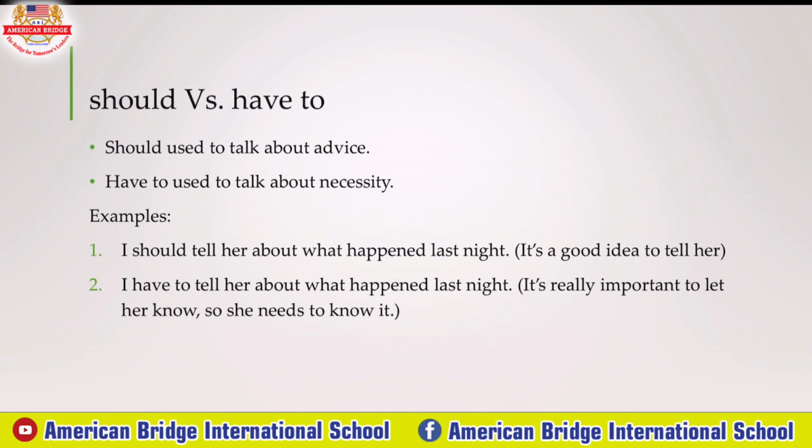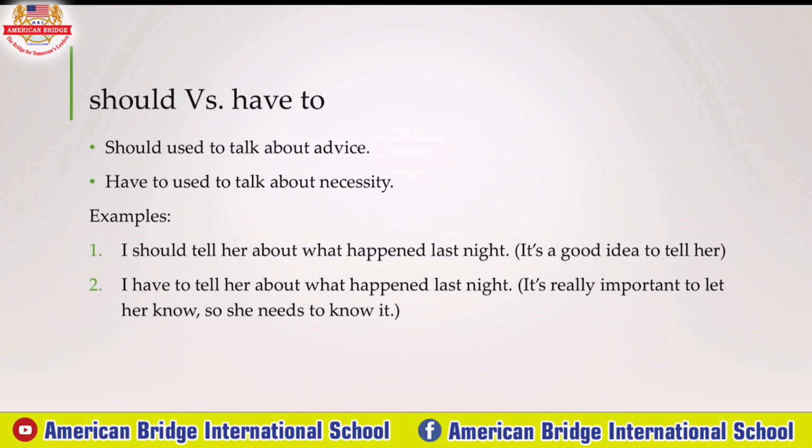So if we compare the two sentences, we can find out that have to is stronger than should. Because as we know, should gives only advice. When you give someone advice, sometimes that person follows us and sometimes they don't follow us.